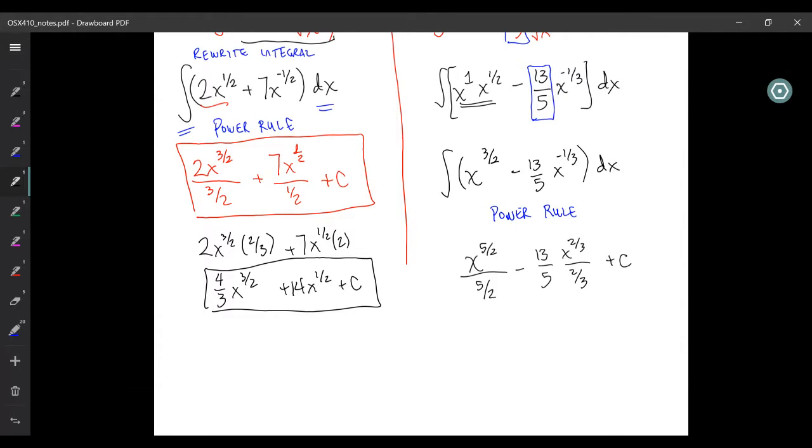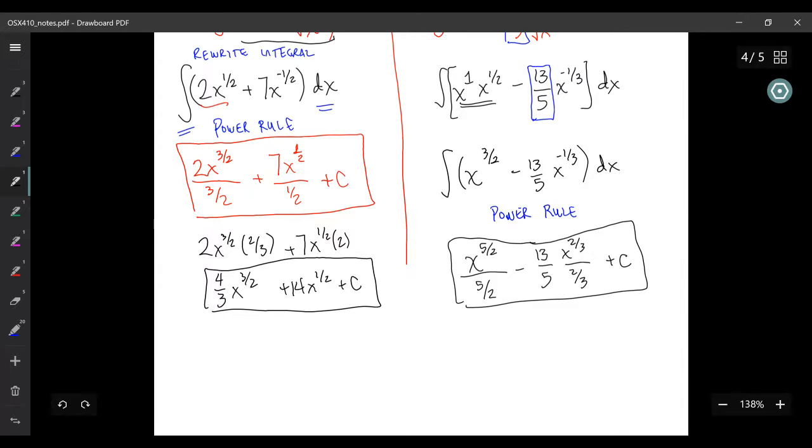Again, if you want to leave it alone, that's perfectly fine. Just make sure that you type in your fractions properly on the site, or you can flip. This flips upside down as 2/5, this flips upside down as 3 halves.